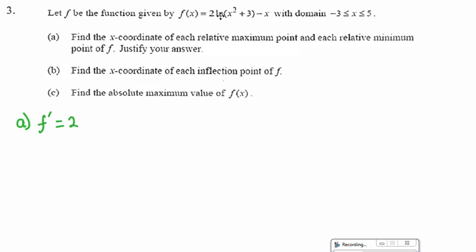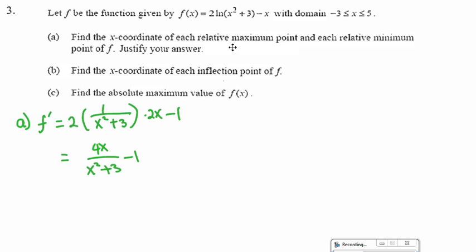The derivative of ln of something becomes simply 1 over that, plus 3, multiplied by the derivative of inside, which is simply 2x. And then minus 1. Now, if I have to rewrite this one, then this becomes 4x all over x squared plus 3, minus 1.